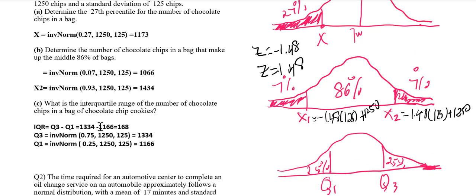For part C, guys, same thing. You have to go inside the table and find the z-score that corresponds to 0.75 and then find the z-score that corresponds to 0.25 and then use the formula x equals z times sigma plus the mean to find the x values.